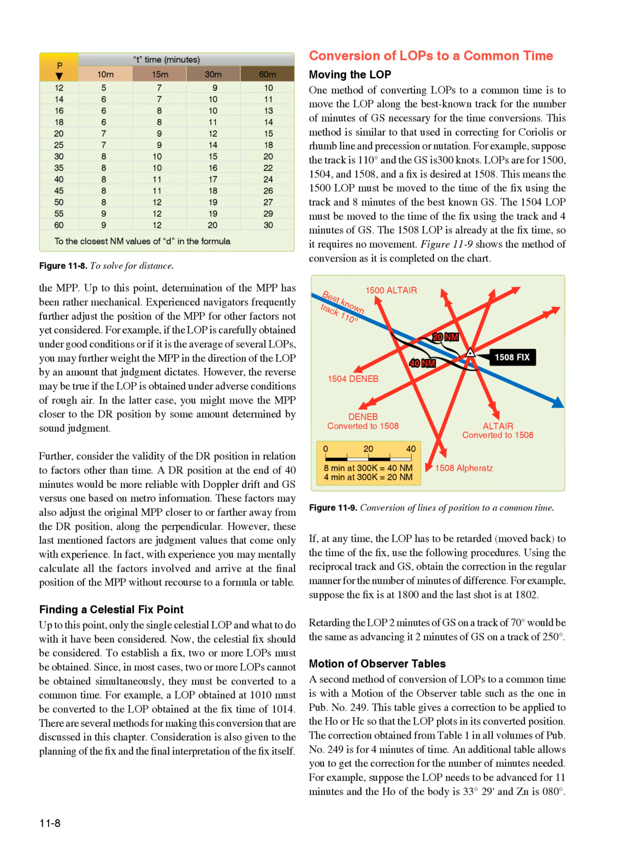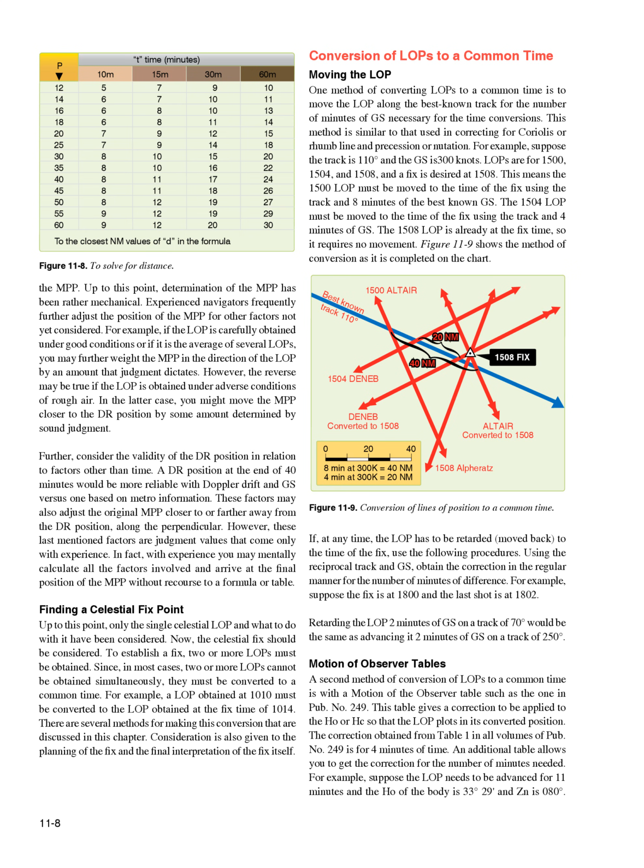Moving the LOP. One method of converting LOPs to a common time is to move the LOP along the best known track for the number of minutes of GS necessary for the time conversions. This method is similar to that used in correcting for Coriolis or ROM line precession or nutation. For example, suppose the track is 110 degrees and the GS is 300 knots. LOPs are for 1500, 1504, and 1508, and a fix is desired at 1508.